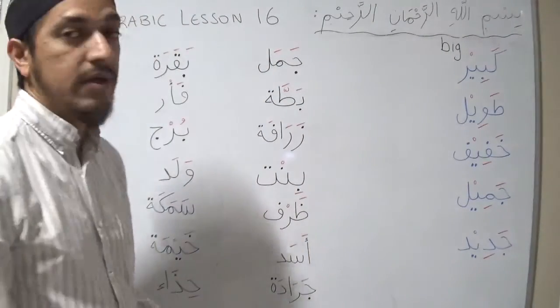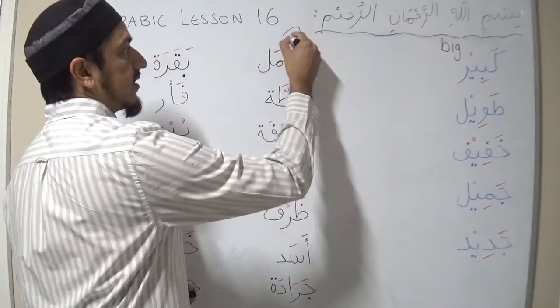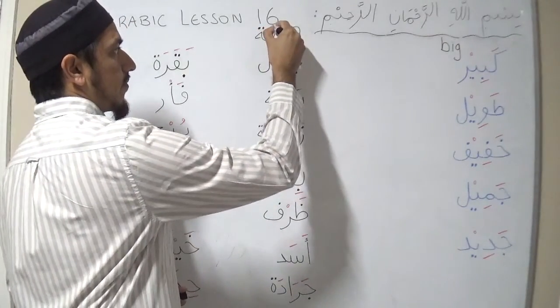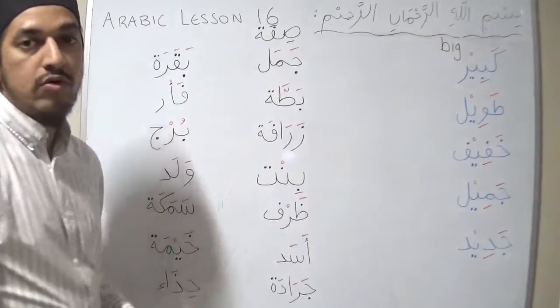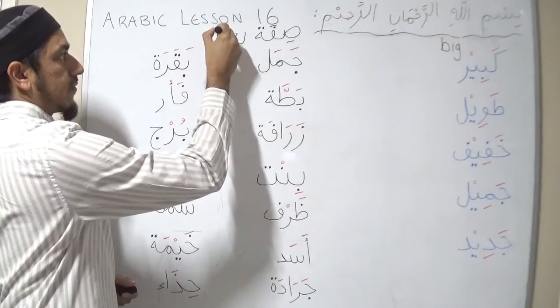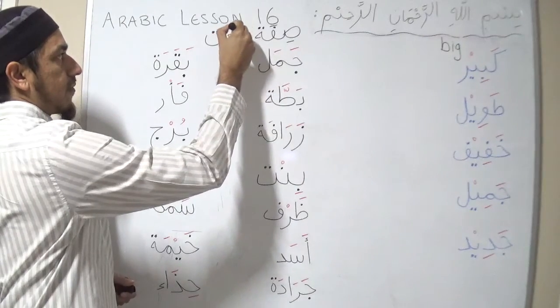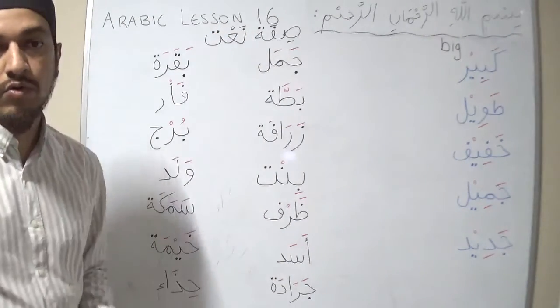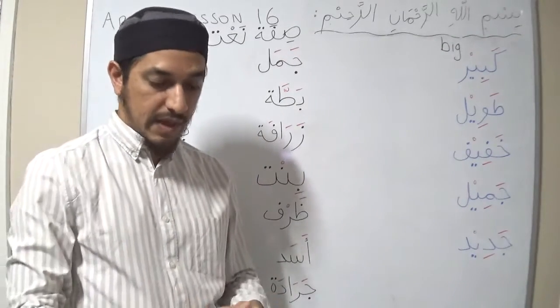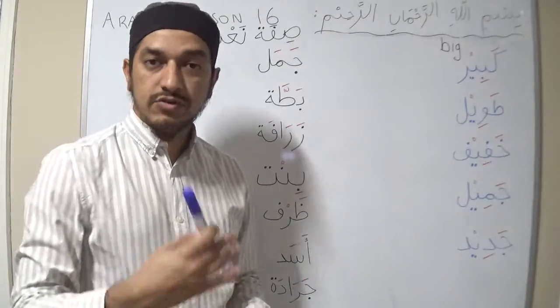In Arabic, the adjective is called a sifa or na'at. So we have kabir, big, and this merges onto opposites as well.